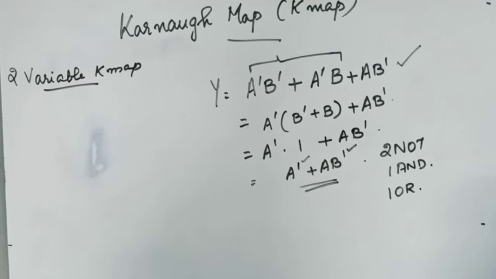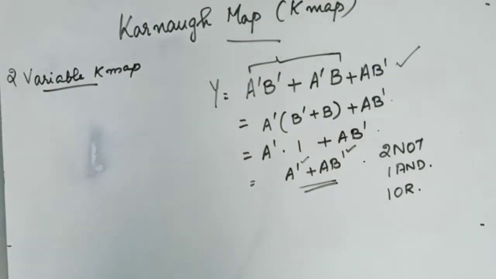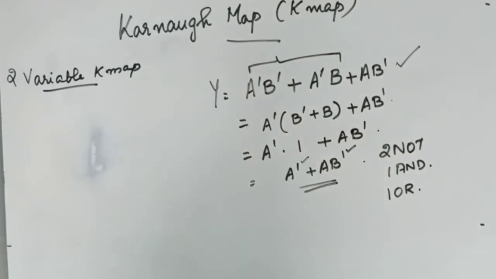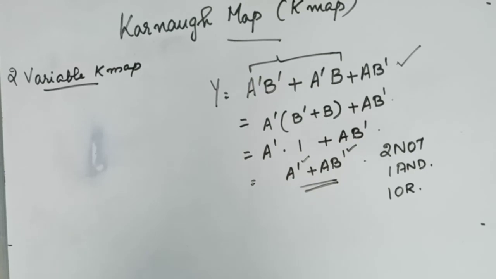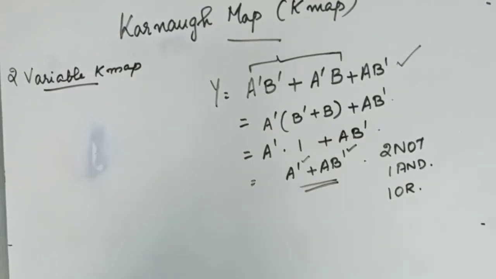As the number of variables increases, it will get more complicated to simplify the expressions using this particular method, using the laws which we studied. It will take many steps, maybe pages of calculations, to get the final simplified expression. That is tedious work, and you may go wrong in the middle.